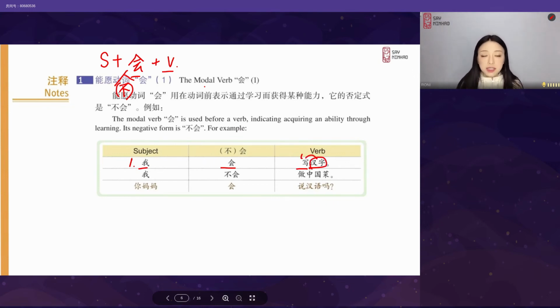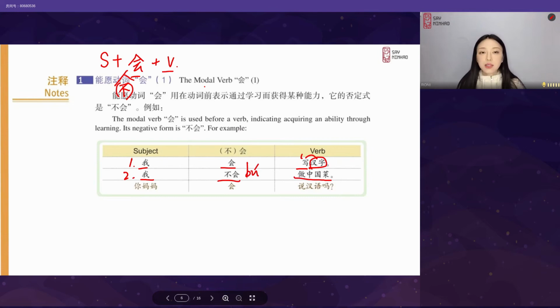Okay, let's see the second example. 我不会做中国菜, I can't cook Chinese dish. 我 is the subject, the one who is doing this thing. 不会 means I can't, the negative form of 会.